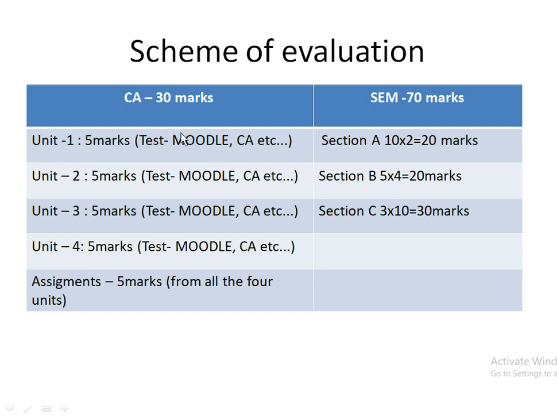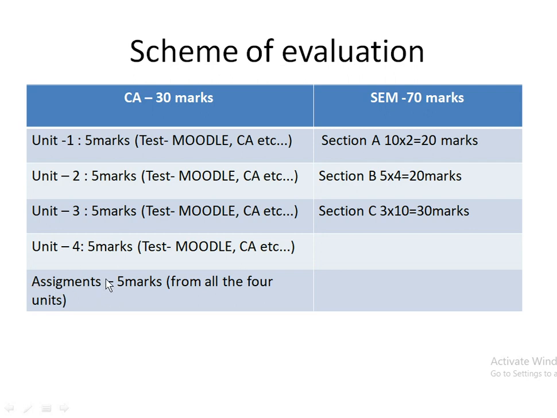All the CA components of unit 1 will get 5 marks, and similarly unit 2, each unit carries 5 marks. There are 4 units, as we have already seen; the 5th unit contains only practice. The 4 units get 5 marks each, totaling 20 marks, and 5 marks for attendance, and therefore the remaining 5 marks will be given for assignments.